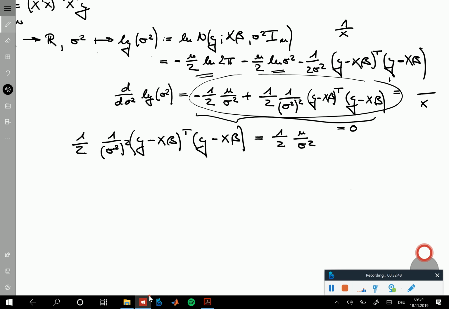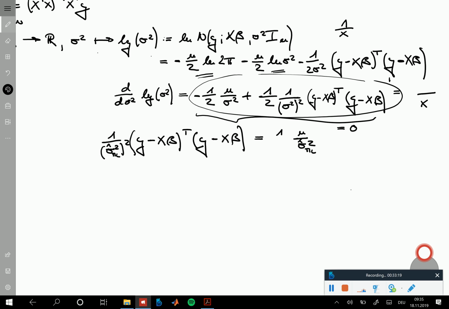Then we just need to continue to solve this for sigma square. We might as well already put in that this holds at the location of a maximum, because it's again the necessary condition for a maximum. So this holds for the maximum likelihood estimate, for which I can also put the ML down here. We need to solve this for the sigma square maximum likelihood estimate. So we can multiply both sides by 2, then we get rid of that.